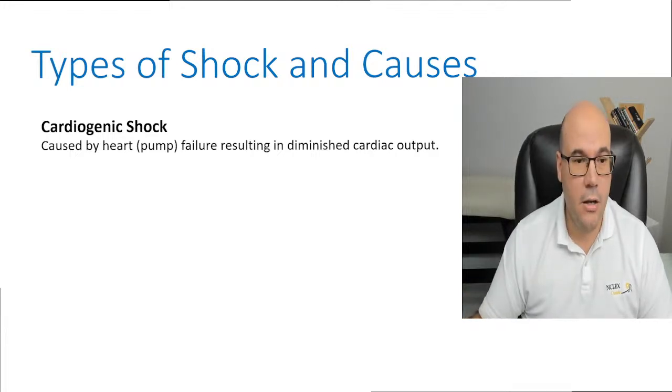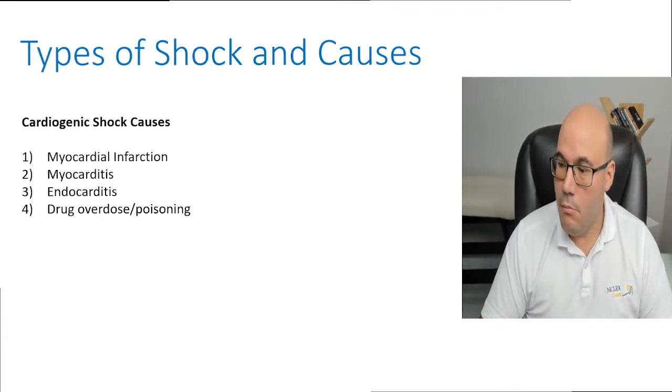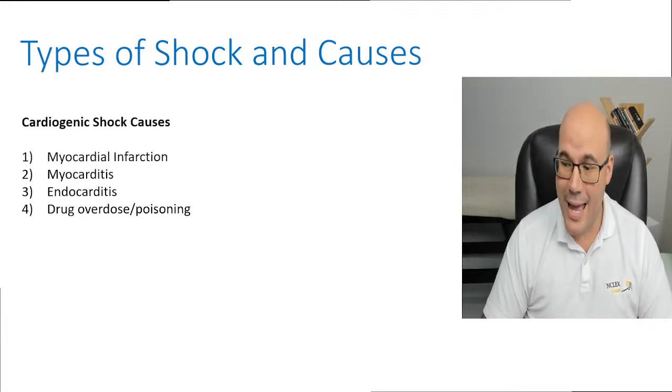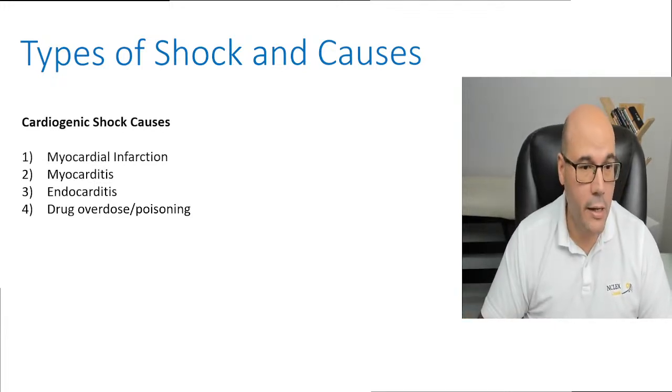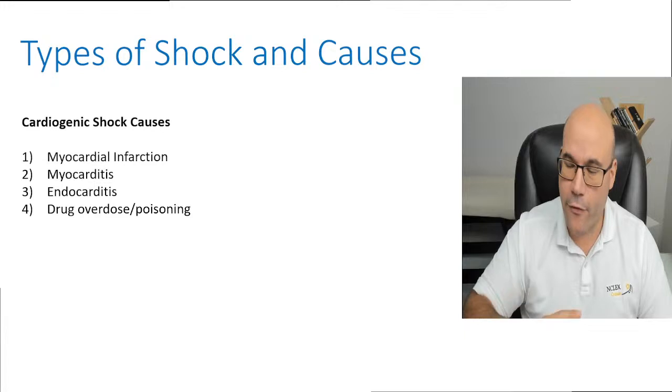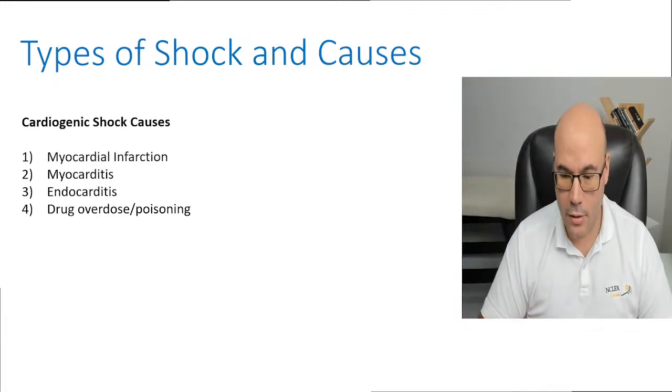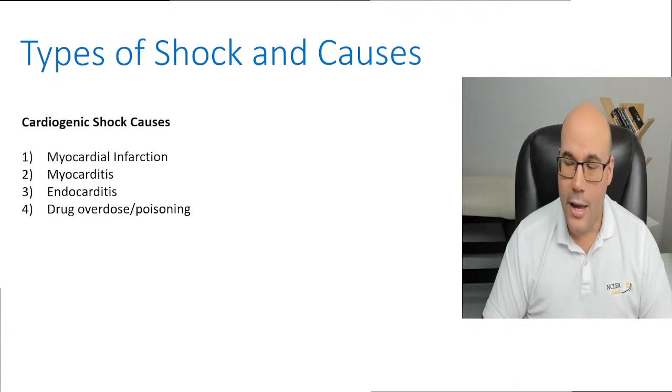What are the causes of cardiogenic shock? Myocardial infarction, myocarditis, endocarditis, drug overdose, poisoning. These are the different causes of cardiogenic shock. What is the third type of shock?